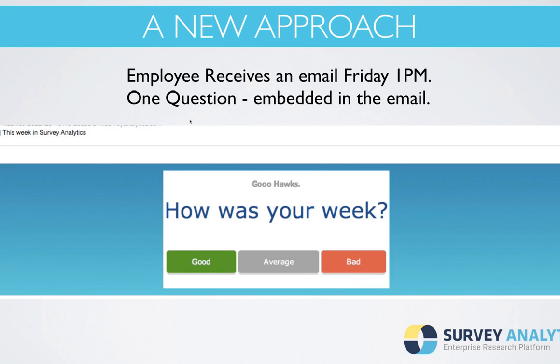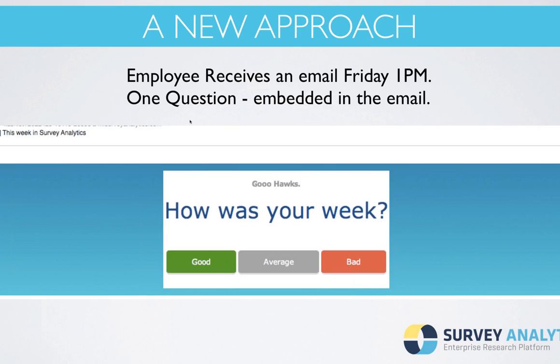So we've come up with this model of effectively a weekly poll. The key thing we want to do in this weekly poll is measure the temperature, which is effectively how was your week, an abstract question around how the employee felt on a per week basis. Two key points here. One, it has to be ridiculously simple and easy for the user to complete the survey.